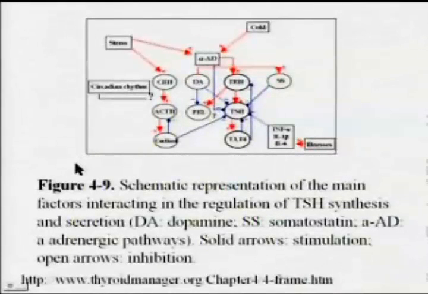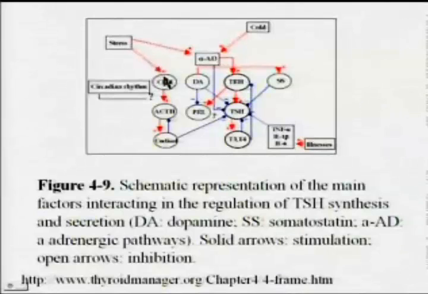In this slide, the last slide of this presentation, we can just quickly talk about the interactions of the HPA axis and the HPT axis for the thyroid. So the HPT axis, there's the TRH neurons, TSH in the anterior pituitary, and then T3 and T4, the hormones 3. And then the HPA as we had discussed.